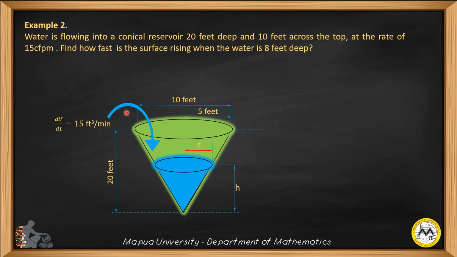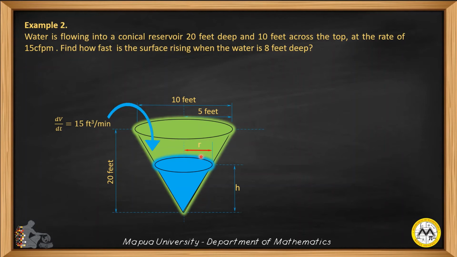So the amount of water inside the tank would vary with respect to time, and it is changing at the rate of 15 cubic feet per minute. As we pour in water, depth would be increasing, as well as this radius.